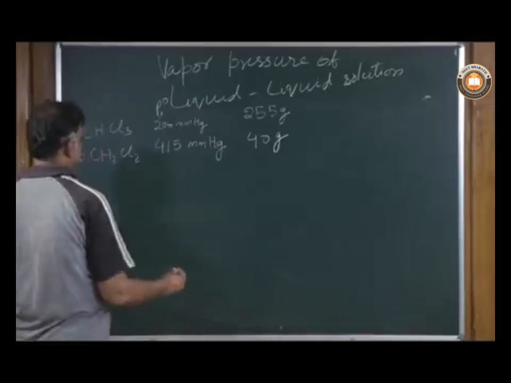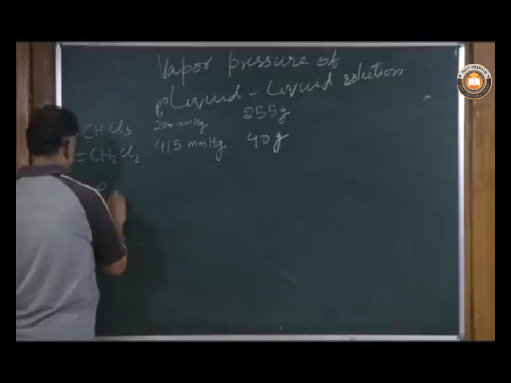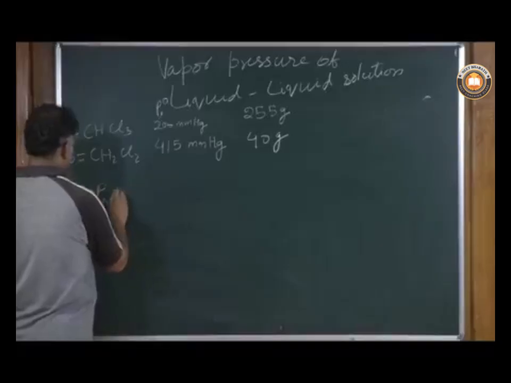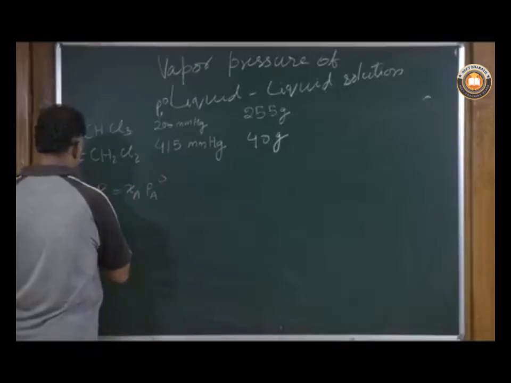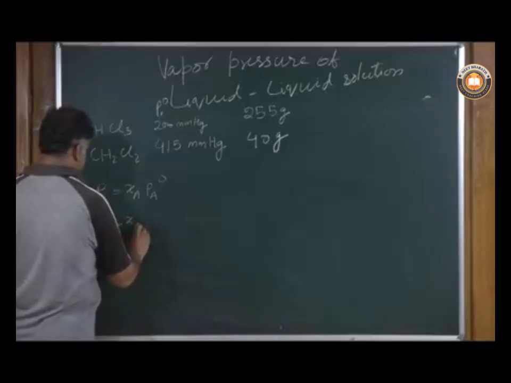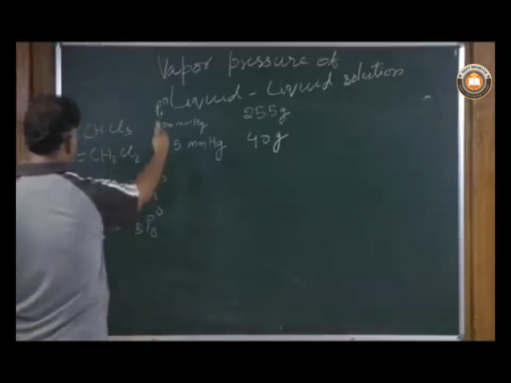Okay. So, let us go back to the basics, and the formula is P A is equal to X A P A 0, P B is X B P B 0.